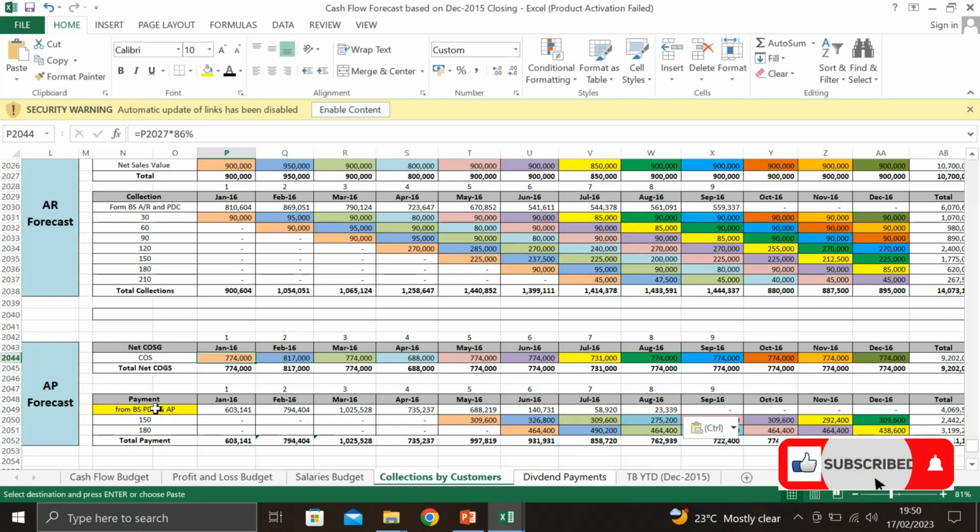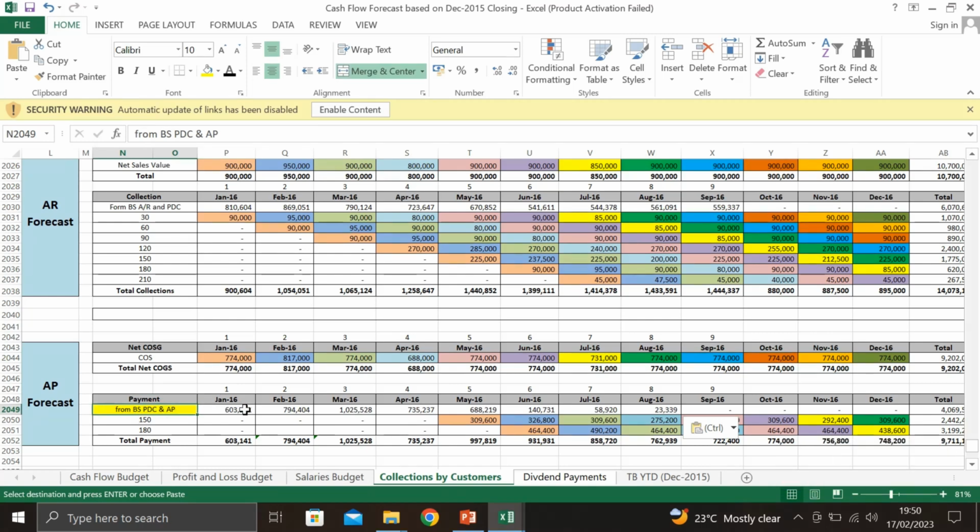This yellow highlighted part you can see is from the balance sheet, PDC plus the AP balance. But what you will buy new in Jan, Feb, March, in each month, for that also you will issue new checks. So these checks also you need to forecast.